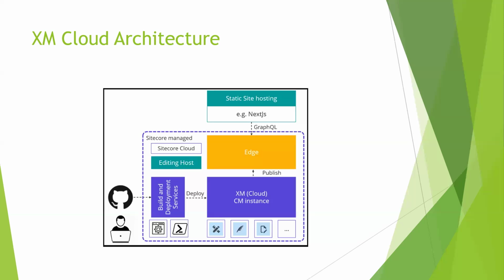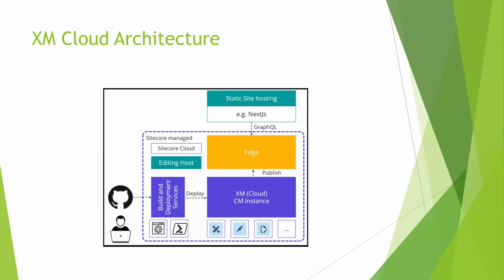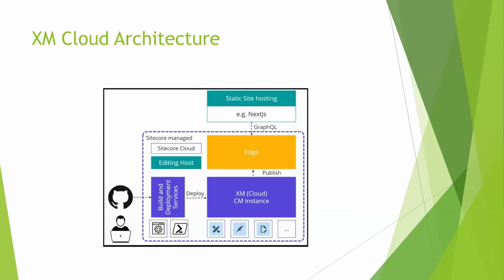So as a more practical way of explaining, I'll bring one example here. Could you repeat that? What is the difference between XP and XM? No, each of XP and XM has its own features. If my security is affected in XP, I can go for XM Cloud.